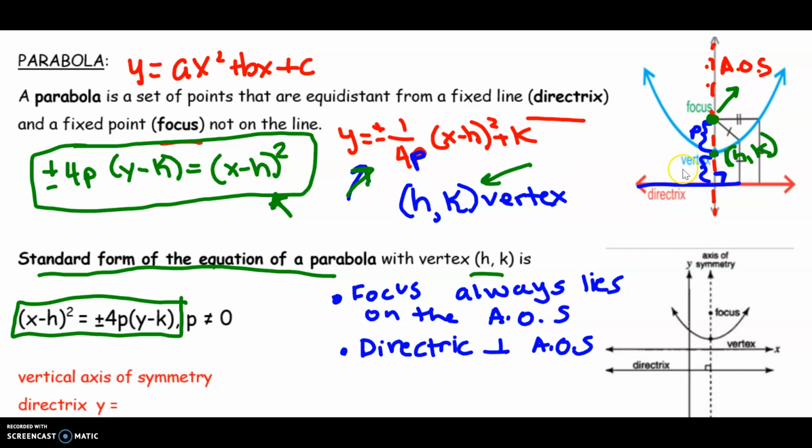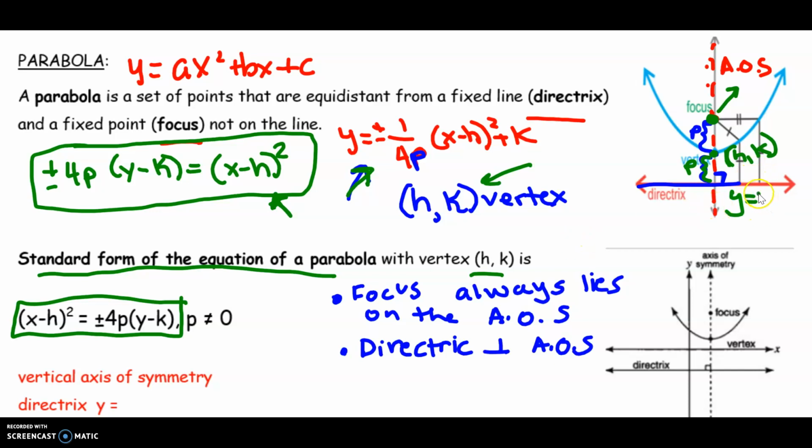H comma k. And we know this distance from the vertex to the directrix is p units away. So when I'm trying to calculate the equation of the directrix, I know it's y equals some constant. What I'm looking for is that y value. I'm going down p units, right?